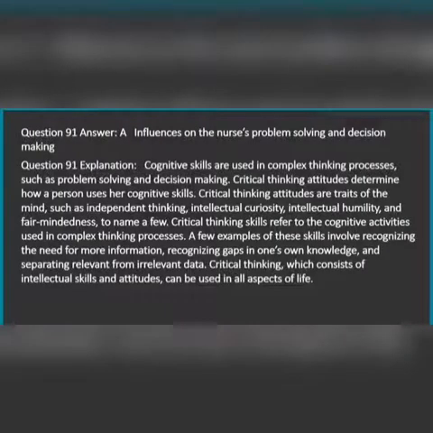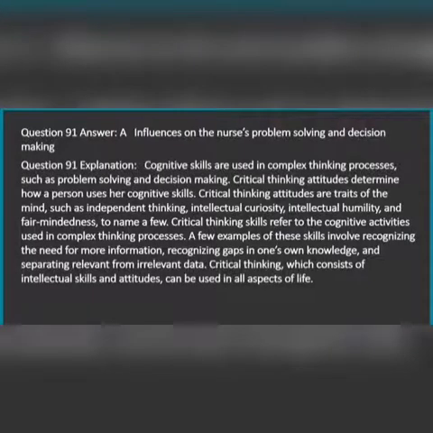Question 91 Explanation. Cognitive skills are used in complex thinking processes, such as problem-solving and decision-making. Critical thinking attitudes determine how a person uses her cognitive skills. Critical thinking attitudes are traits of the mind, such as independent thinking, intellectual curiosity, intellectual humility, and fair-mindedness, to name a few.